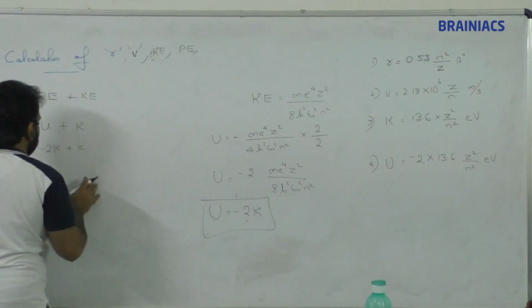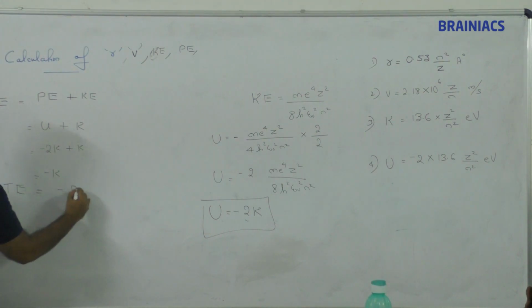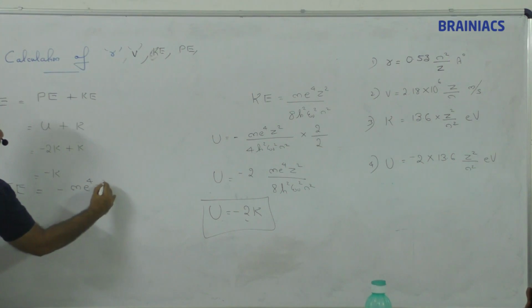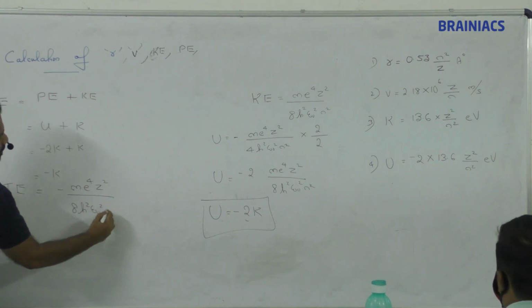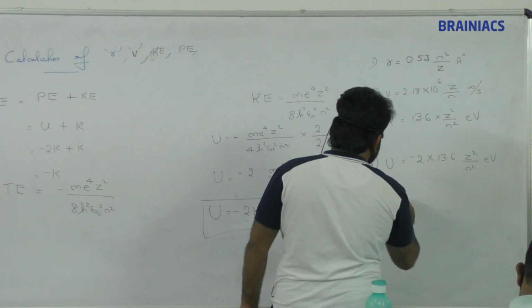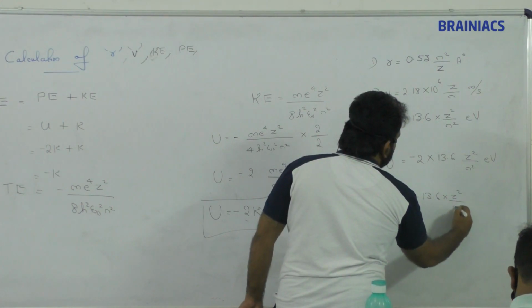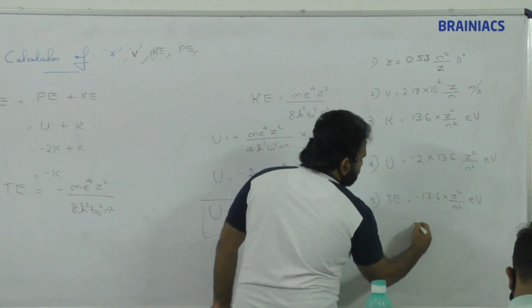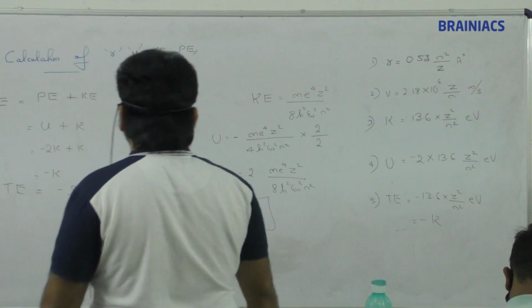So instead of minus 2k plus k, minus k, so total energy formula-wise is going to be minus m e raised to 4 z square divided by 8 h square epsilon naught square n square. So here total energy is going to be minus 13.6 into z square by n square electron volt, or we could say minus of kinetic energy. Okay, done. Everything is done.